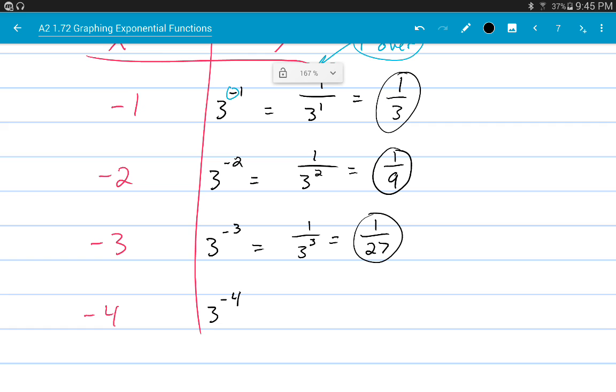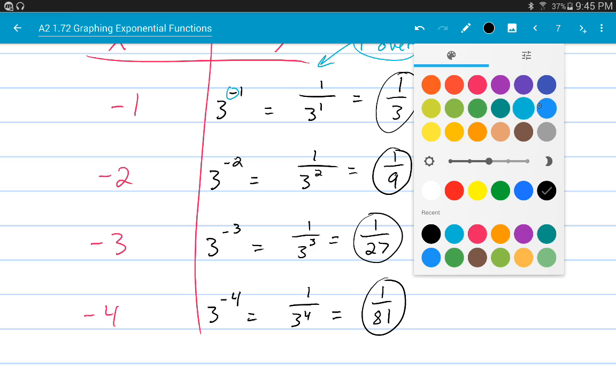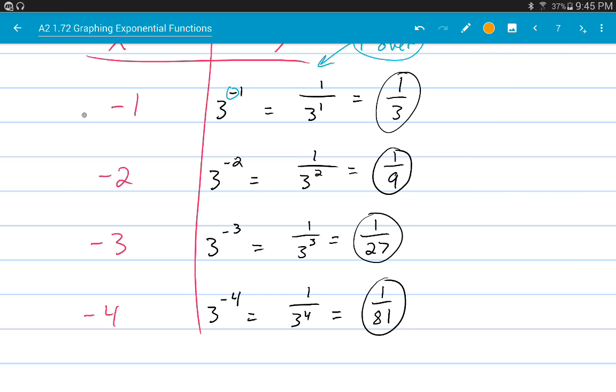And I'm sure you can see the pattern by now. 3, 9, 27. If you look at the table on the front, you would know that what comes next, 1 over 3 to the fourth, that's going to be 1 over 81. Now what's happening here is as I'm going to the left, let me highlight that, these x values are going to the left, negative 1, negative 2, negative 3, negative 4.